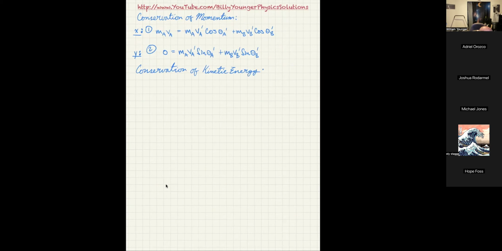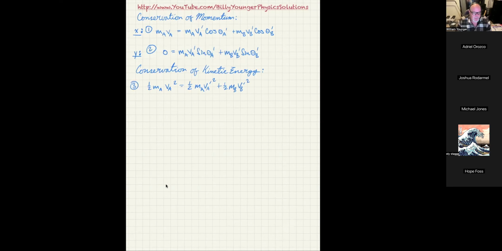So for conservation of kinetic energy, just referring to that same diagram, we're going to have 1/2 MA VA squared is equal to 1/2 MA VA prime squared plus 1/2 MB VB prime squared. So this will be equation 3.